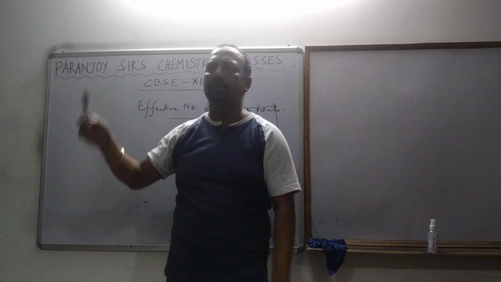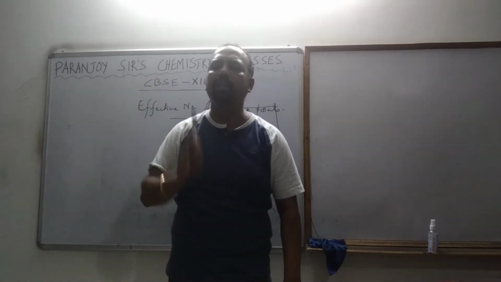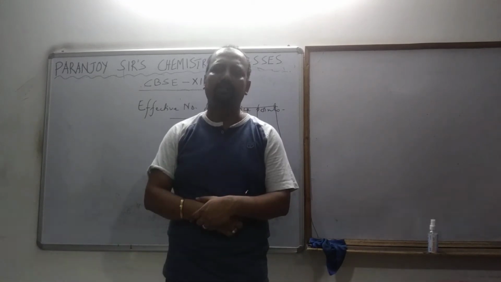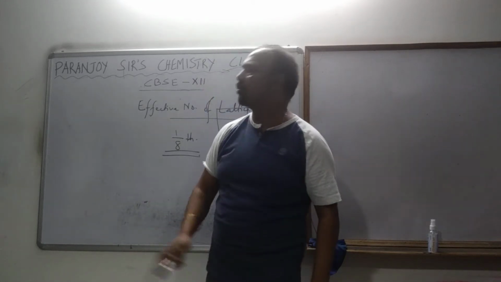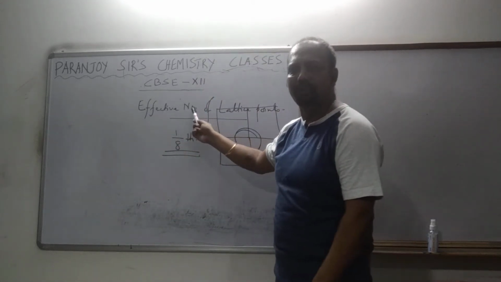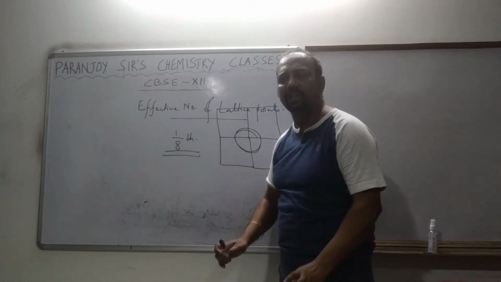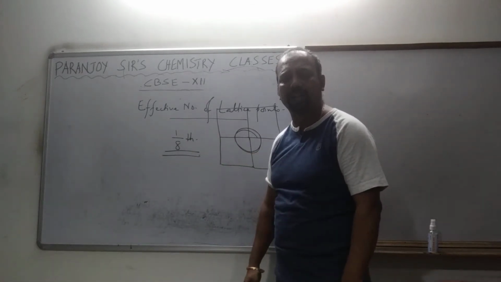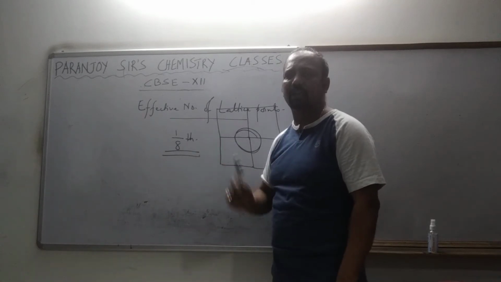Each is contributing only 1/8 of it. If they are present at the corner, only 1/8 of it. That is what is known as the effective number. Effectively, only 1/8 is given by one lattice point present at the corner.